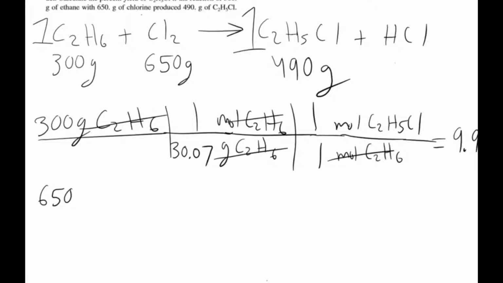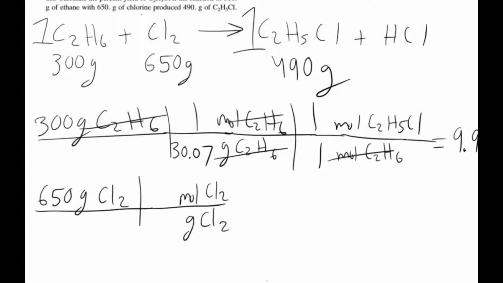Now we have to do the same thing with the other reactant, which is chlorine. So 650 grams of Cl2. We're going to do the same dimensional analysis, put grams of chlorine down here and moles of chlorine up there so we can cancel the grams out. 1 mole of Cl2 is 70.9 grams of Cl2.